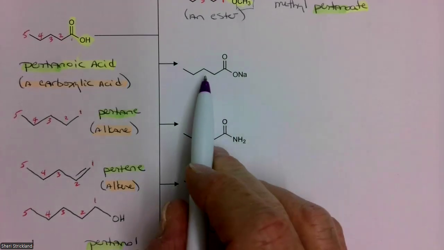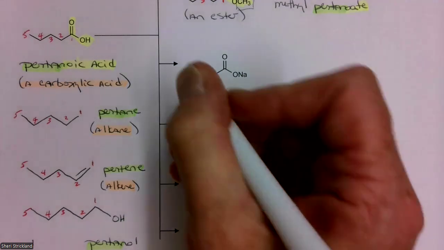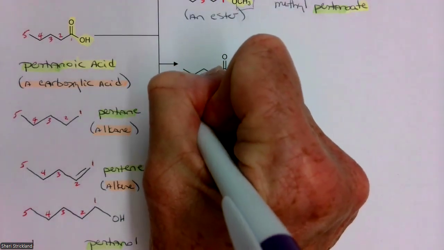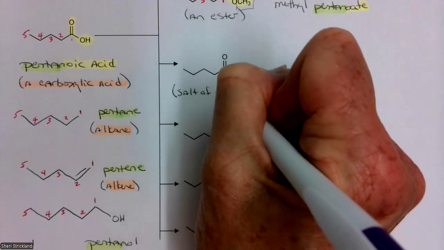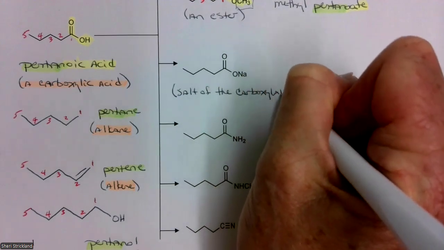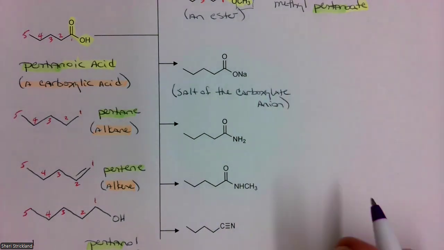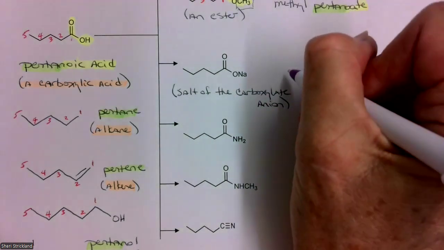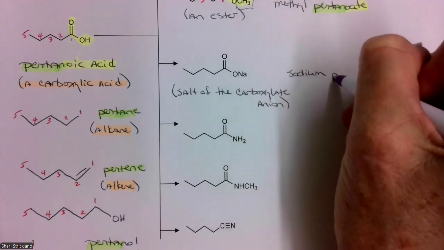This is actually a carboxylate ion. It's a sodium salt. The carboxylate anion. So the conjugate base of the carboxylic acid. And in this case, this is going to be sodium pentanoate.